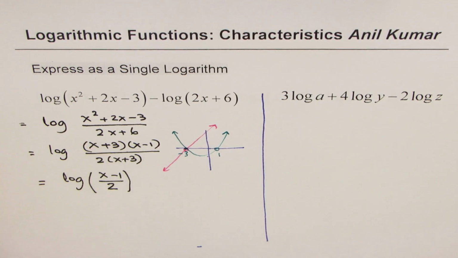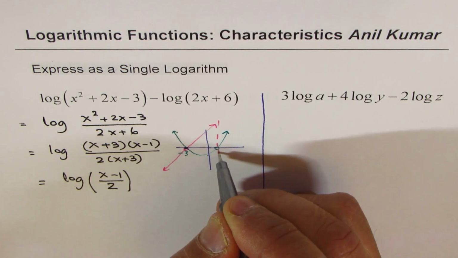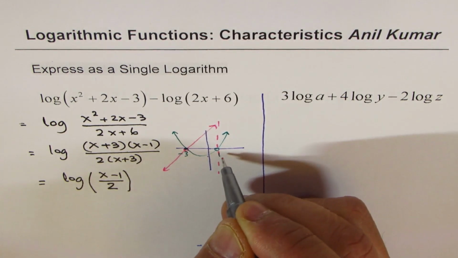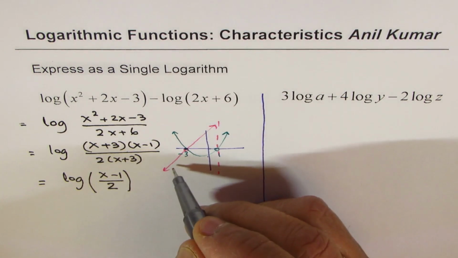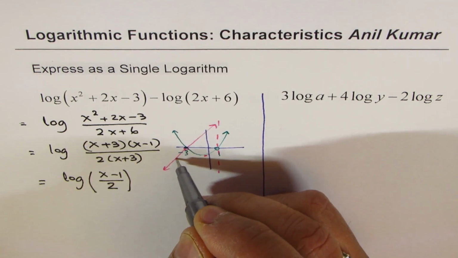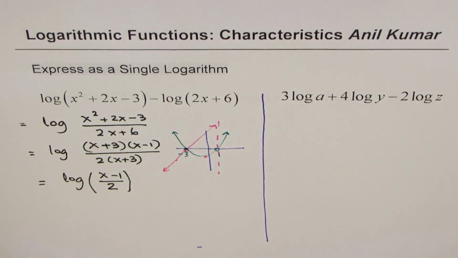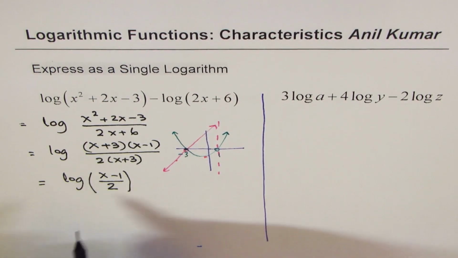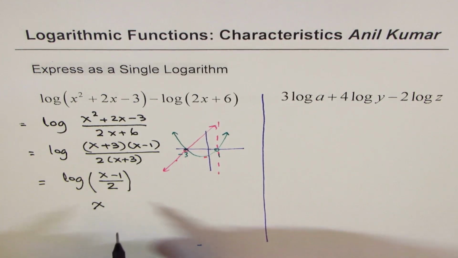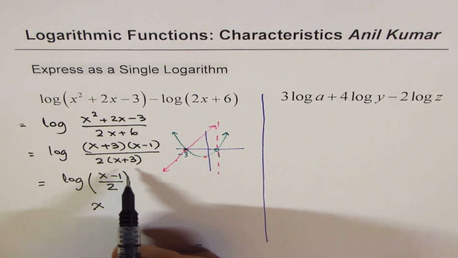Now if you see these two functions, what we realize is that both of these functions are positive only after 1. Do you see that? Otherwise, one of them is negative, right? This is negative here, and on the other side this function is negative. Therefore, this particular logarithm which we are talking about has a restriction, and here the domain is x should be greater than 1, right?